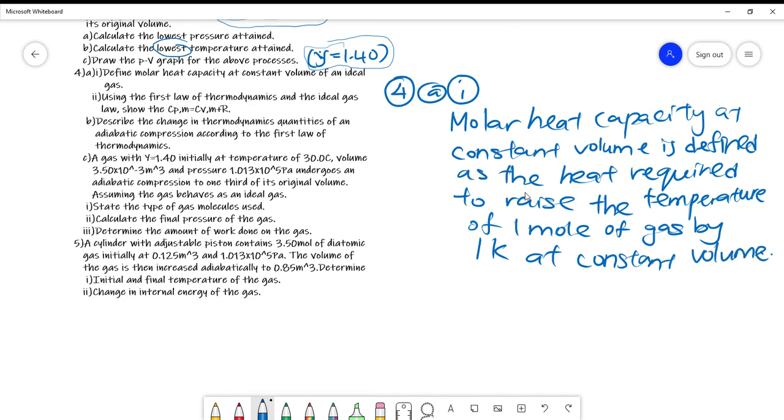So this is how we define the molar heat capacity at constant volume.